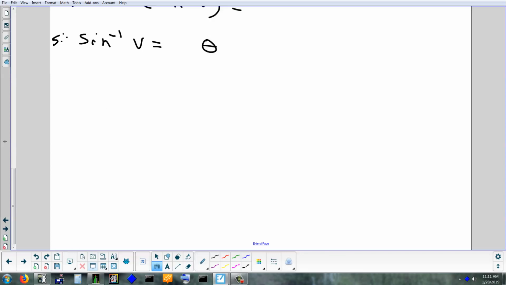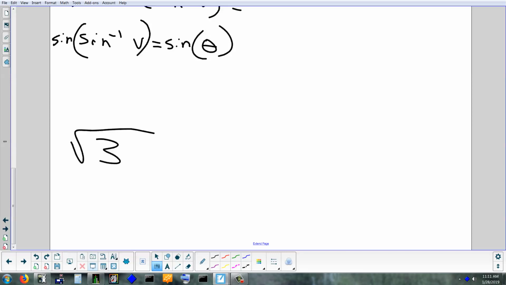So take the sine of what's on the left. There's no multiplication happening there. And take the sine of what's on the right. There is no multiplication happening there either. Just like that, that doesn't mean square root times 3. It means take the square root of 3. Same thing there. All right, so now sine and inverse sine cancel.